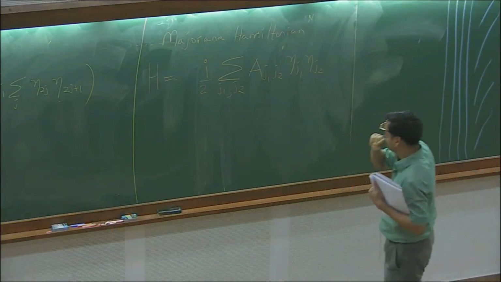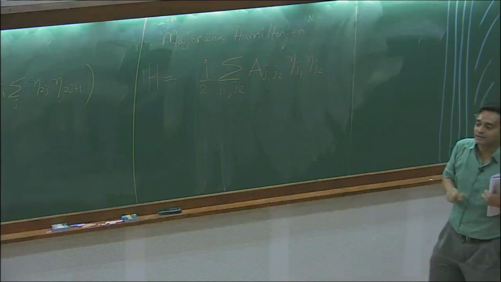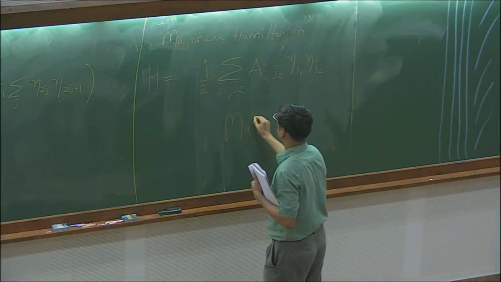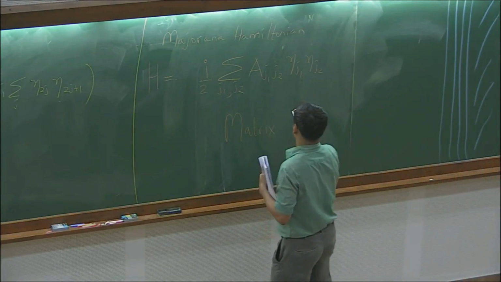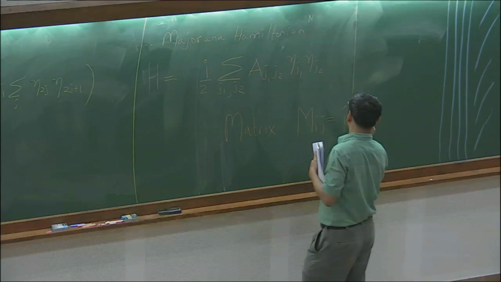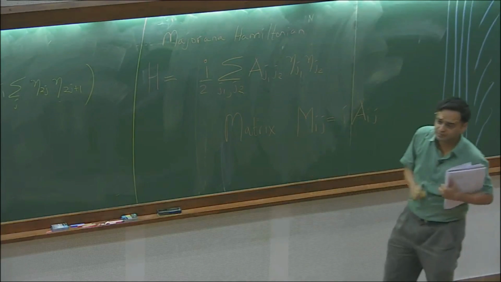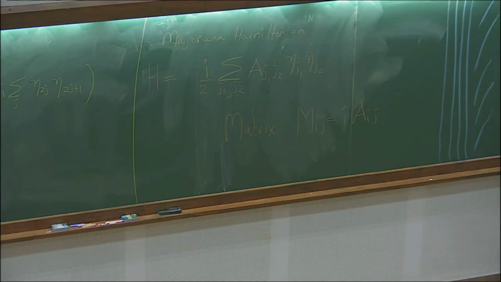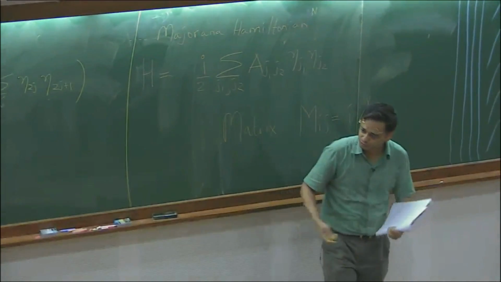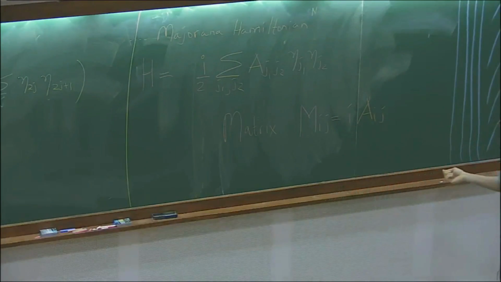So if I had a Majorana Hamiltonian like this, and this is of course a special case of that, the claim I'm making is, you look at the Hermitian matrix M ij equal to i A ij. This is a Hermitian matrix. It satisfies all the simple things you know. It has a complete set of eigenvectors and its eigenvalues you can calculate by solving a Schrodinger equation.